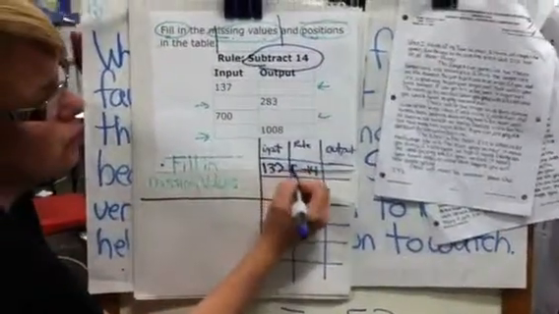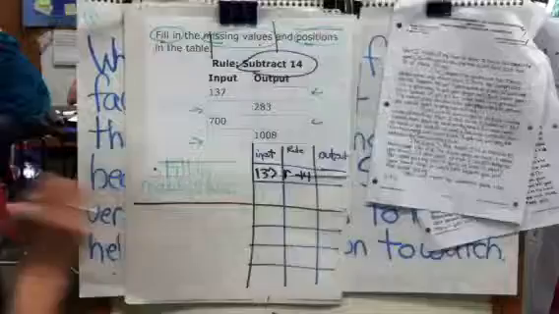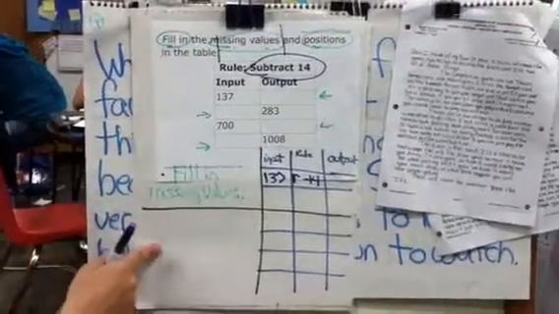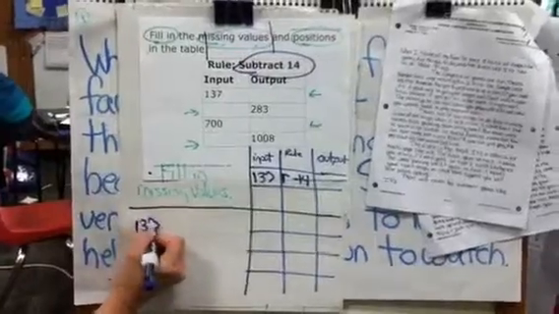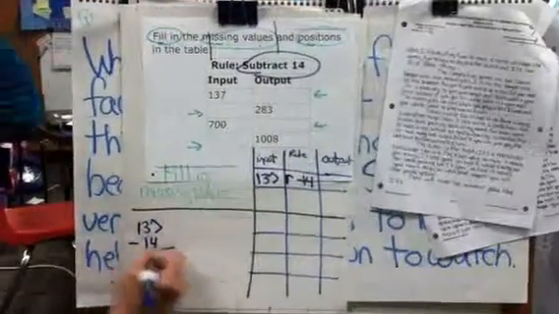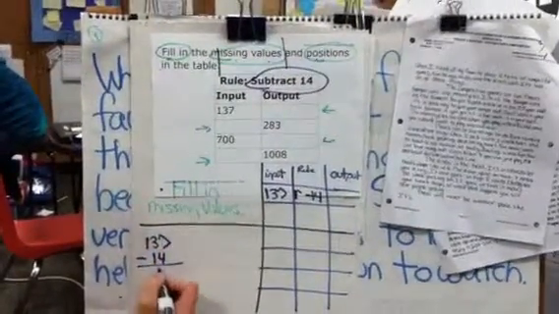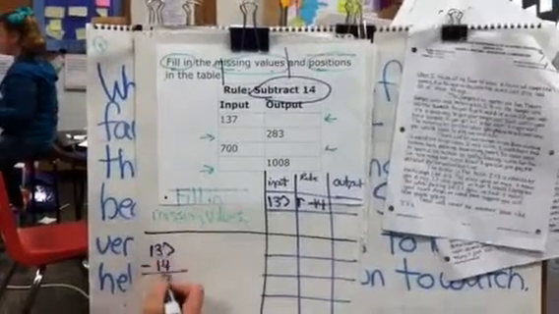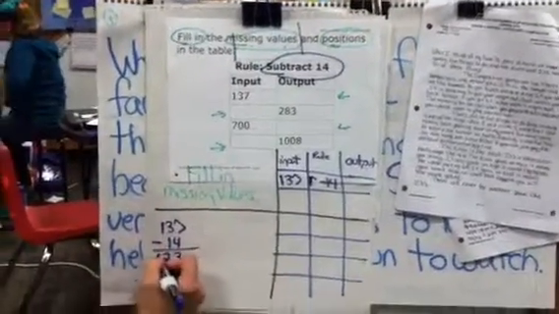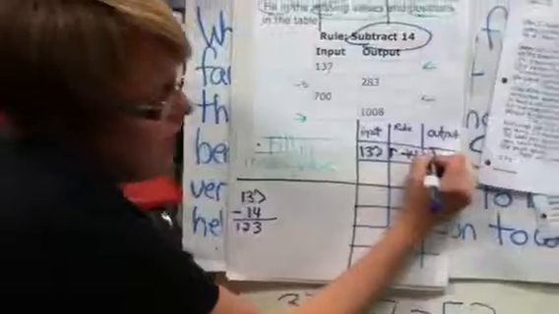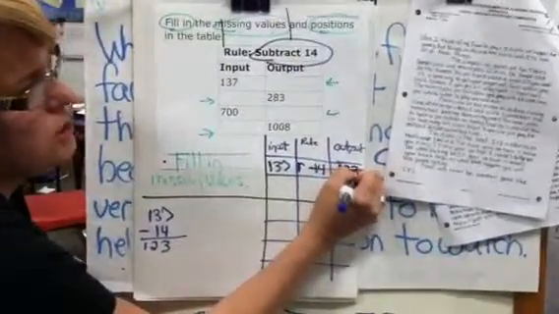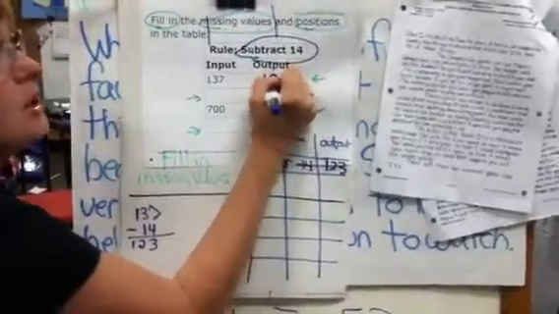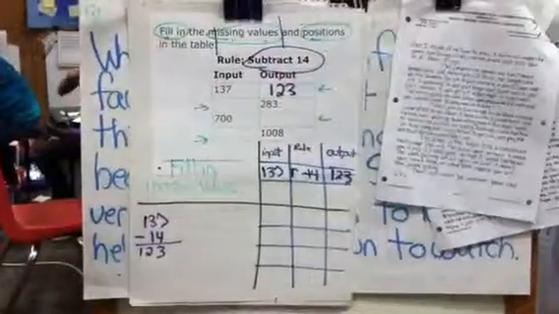I know my rule is to subtract 14, so I'm going to go ahead and come over to my strategy section, and I'm going to take 137, and I'm going to subtract 14. 4 from 7 is 3, 1 from 3 is 2, and then bring down my 1. So my output in this particular instance is 123. And I'm going to go ahead and fill it in up here.